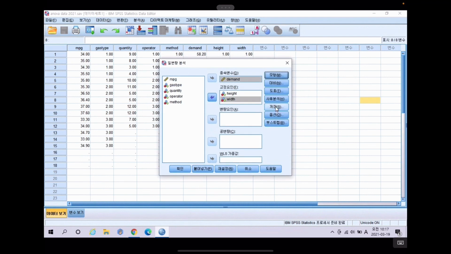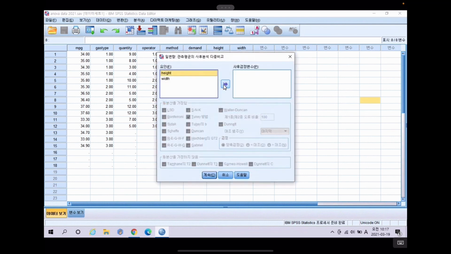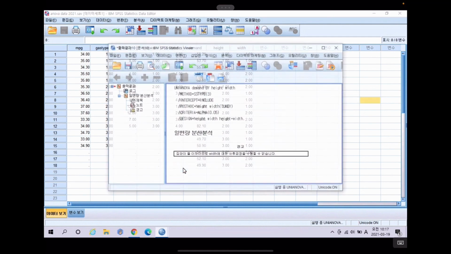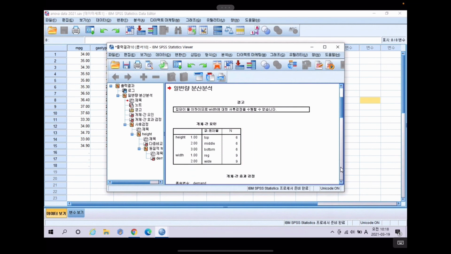Also, you may want to do the post hoc, so you move these factors to the right, and you select Tukey, and you continue, and you get the results here.